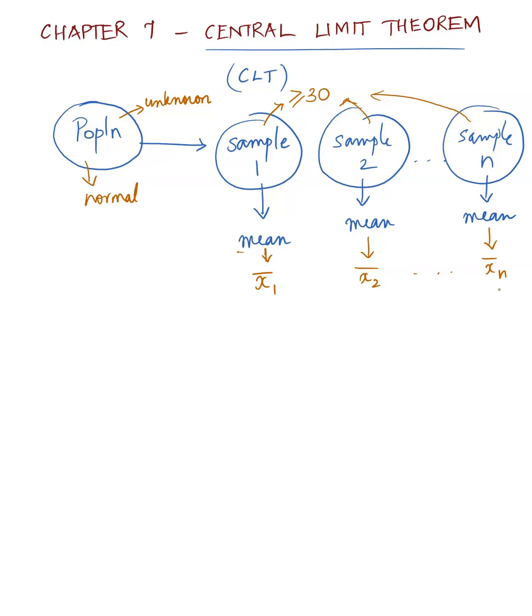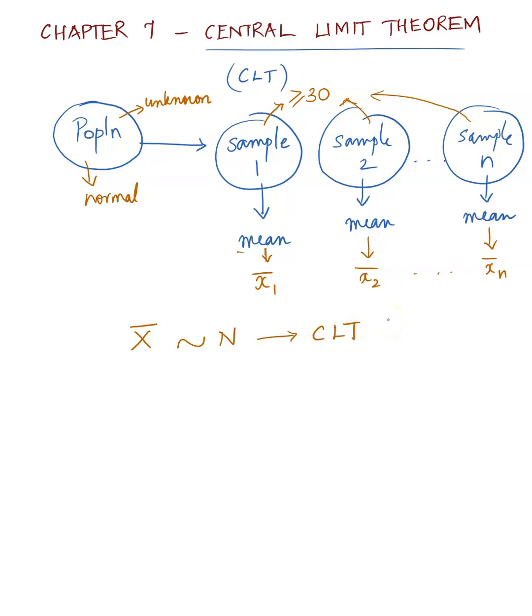Then what we're saying is these sample means, not x but x bar, will follow a normal distribution, no matter what the distribution of the original population is. So that is what CLT assures.